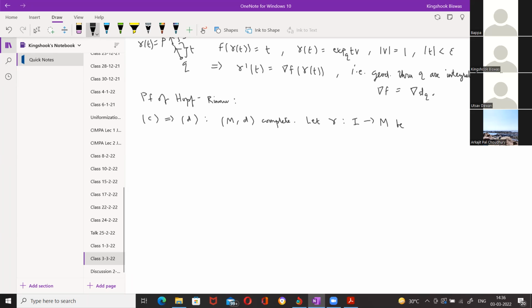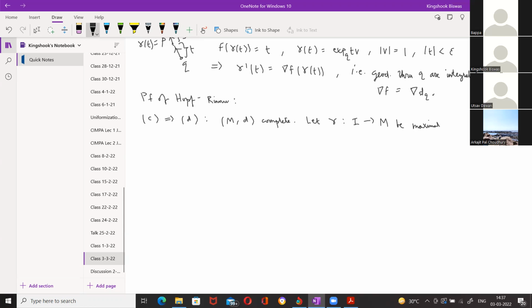So geodesics, remember, correspond to integral curves of the geodesic vector field on the unit tangent bundle. So we know that for any smooth vector field on a manifold, for any initial condition, there is a unique maximal integral curve, right? That means an integral curve defined on an interval which cannot be extended to any strictly larger interval. So therefore, we have maximal geodesics. What we want to show is that the maximal geodesics are defined for all time, right? So let gamma be a maximal unit speed geodesic.